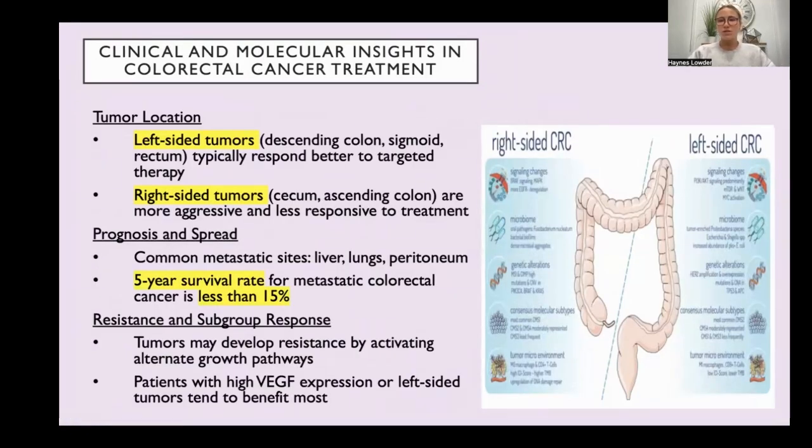The clinical response to Cyramza depends heavily on tumor location. You can see on these images that left-sided colorectal tumors generally respond better to targeted therapies, while right-sided tumors are more aggressive and resistant, partially due to genetic differences like BRAF and MSI-H mutations.